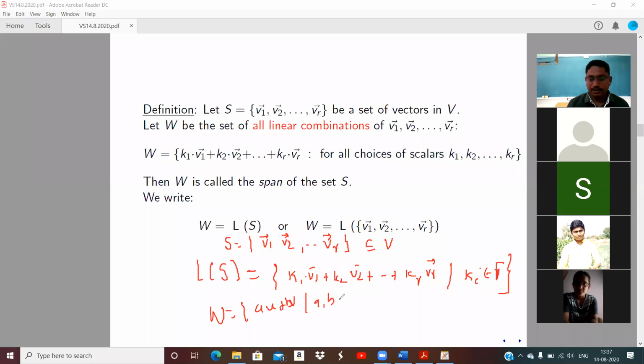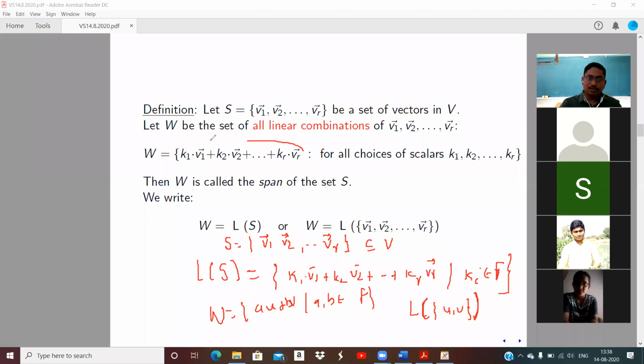Now in yesterday's example, we have seen that W is a linear combination of U and V, where a and b are field elements. Here one can say that it is the linear span of U, V, and that is a subspace. Also in the theorem we have to prove that the linear span of any set of vectors is always a subspace of V. Whatever set you write, the notation is k1 v1 plus k2 v2 plus kr vr.